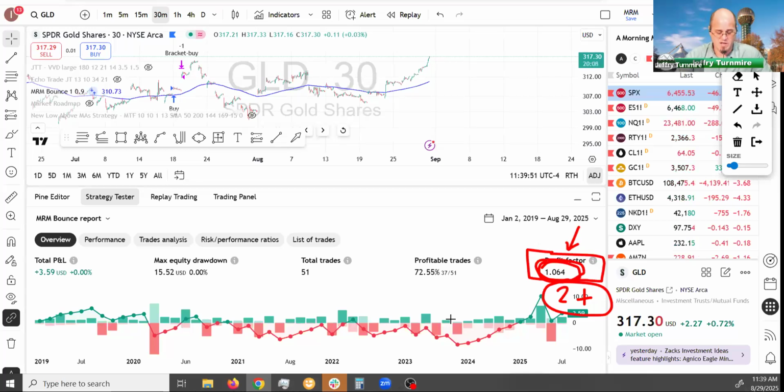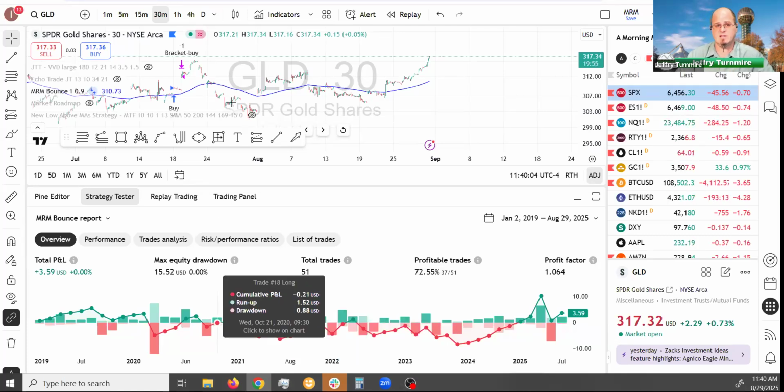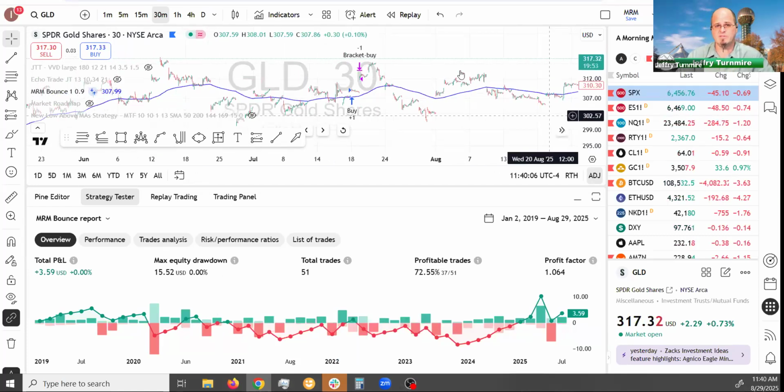Not bad, not outperforming the market. And this is just my signature pattern. So to me, that says I wouldn't use this signature pattern on GLD to trade with. That's not the right indicator for this setup.